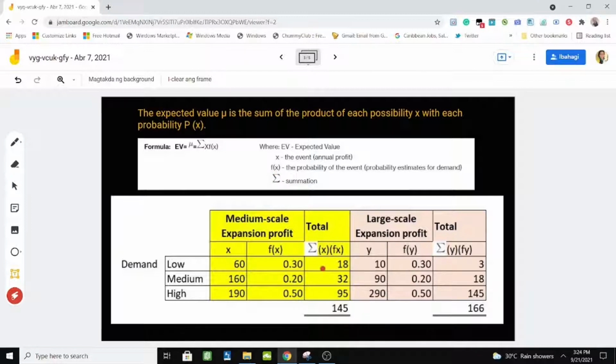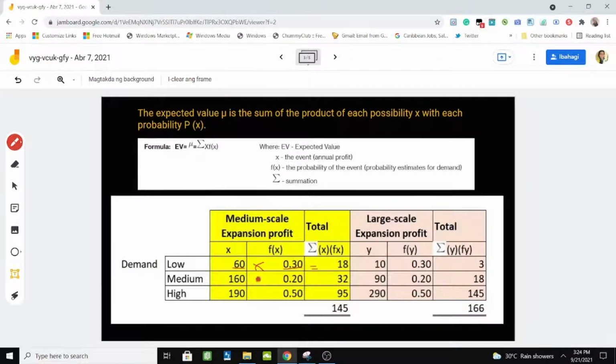If we are going to solve the problem, we just have to multiply x and fx. So 60 times 0.30. So this is in decimal form. If we're going to convert this into percentage, this is 30%. So it is equal to 18.